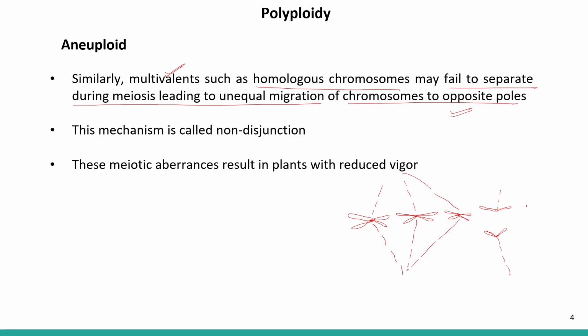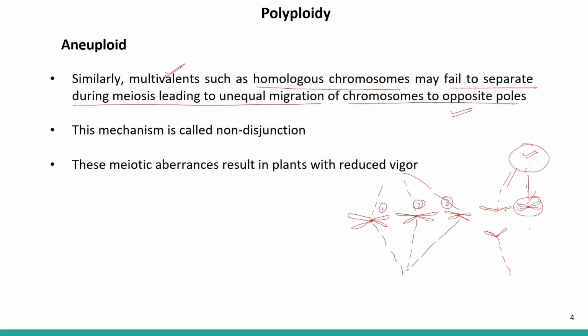But sometimes the centromere fails to divide, and this whole chromosome, both the chromatids, moves toward one side. This particular gamete will have one extra chromosome of a particular type, and the other one will have no chromosome of that type. Suppose this is chromosome number 1, 2, 3.